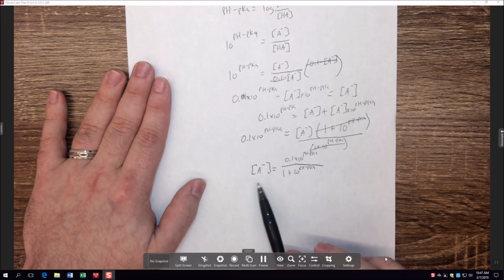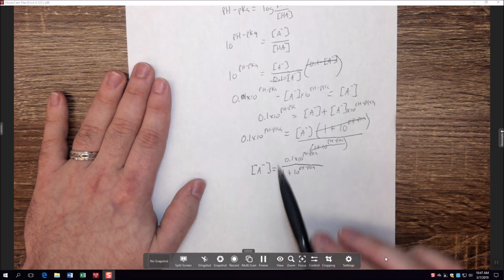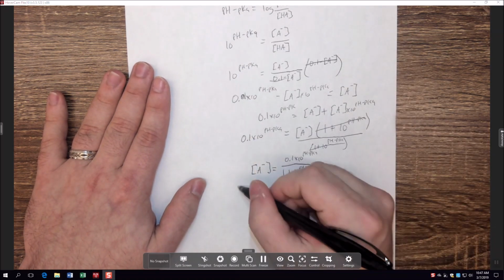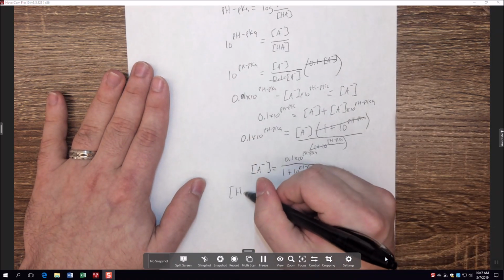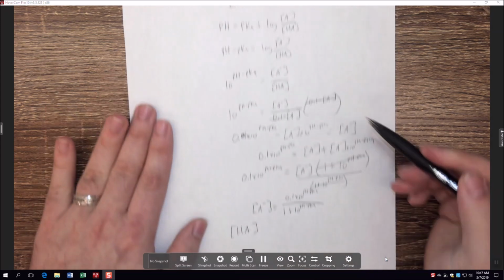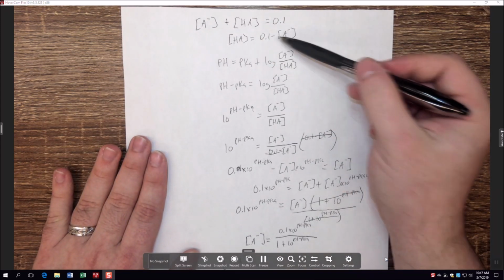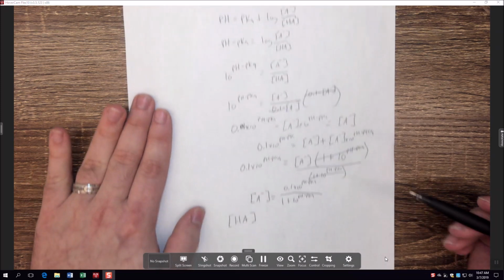So, now that I can solve for the concentration of A minus, I also need to solve for the concentration of HA. So the concentration of HA, if you look up top, we said was 0.1 minus that value.